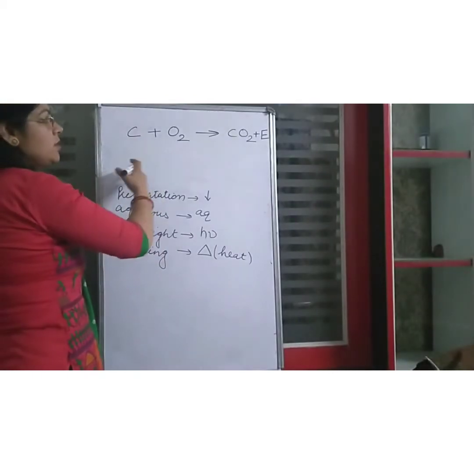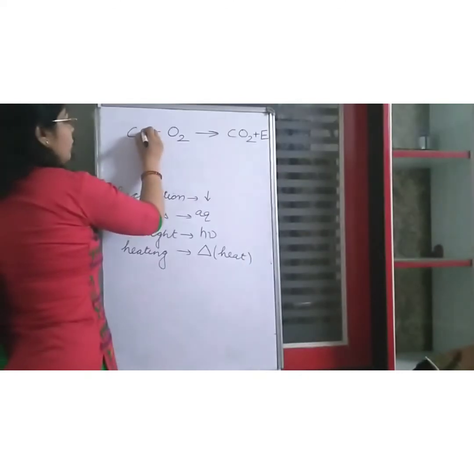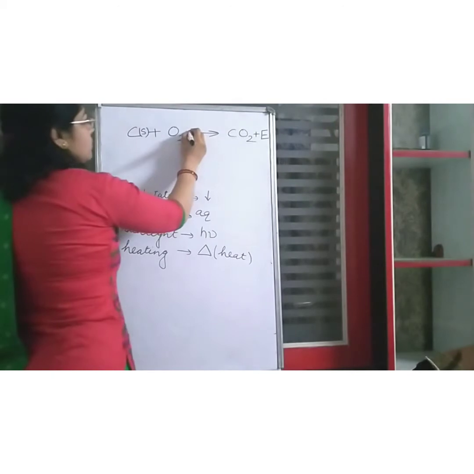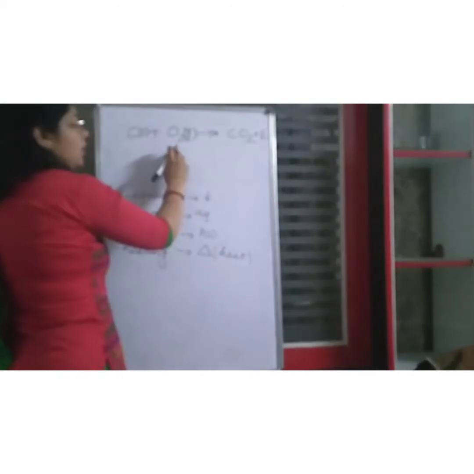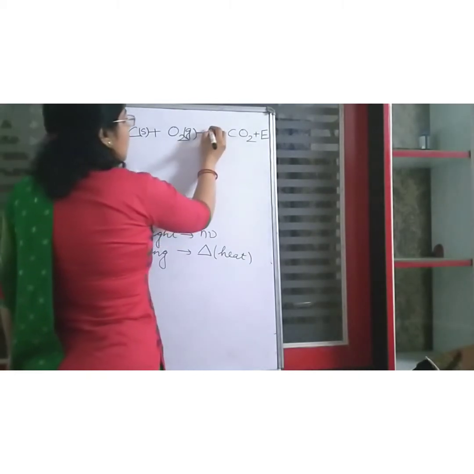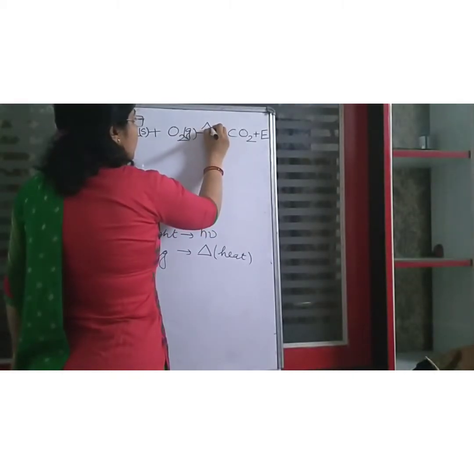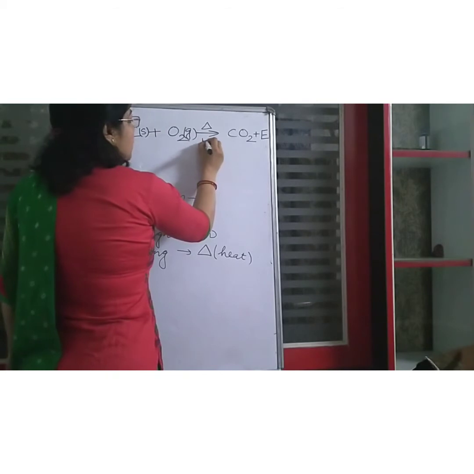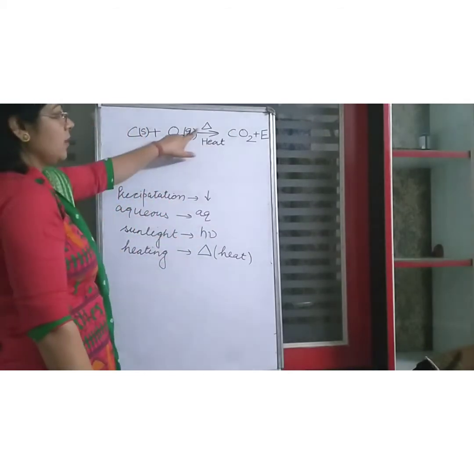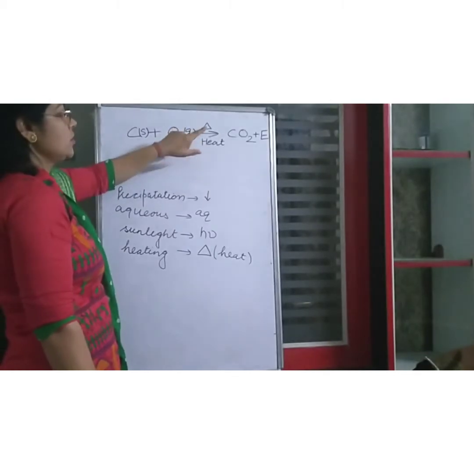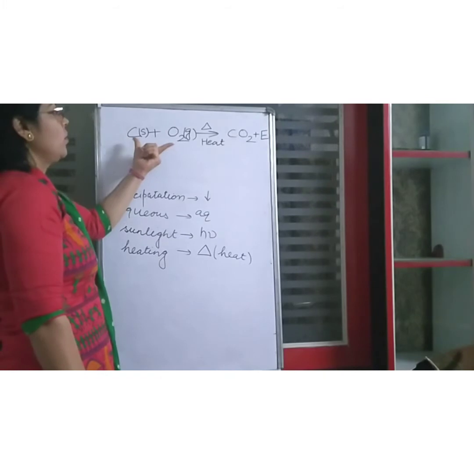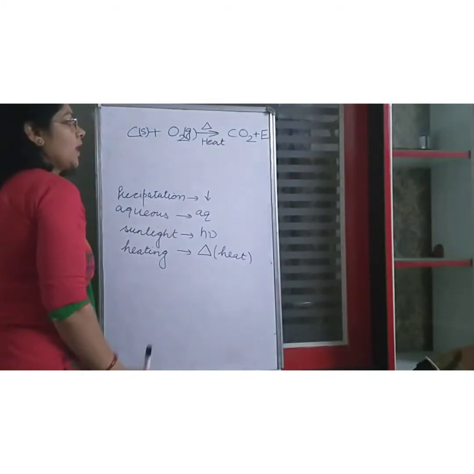To make this reaction informative, we use S in the bracket of carbon, G in the bracket of oxygen, as oxygen exists in gaseous state, and on the arrow we write either heat or a triangle that shows the reaction takes place on heating.